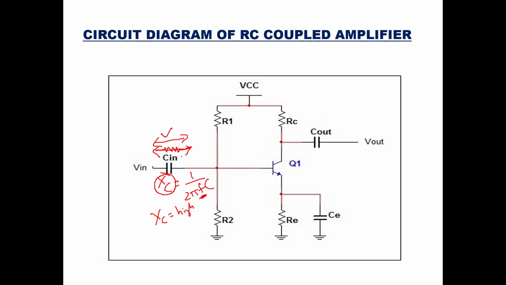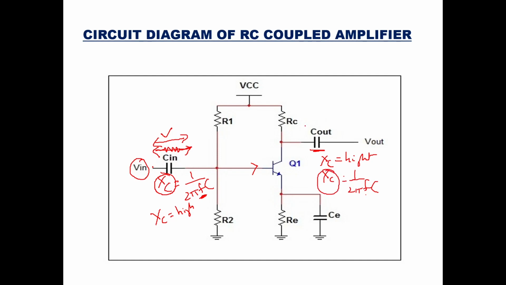So that voltage drop will not allow the complete Vin to reach the input. Similarly, at the output also, this capacitor will have high Xc reactance, because that also depends on the frequency. Xc is equal to 1 by 2 pi fc, so if f is less, Xc will be high.